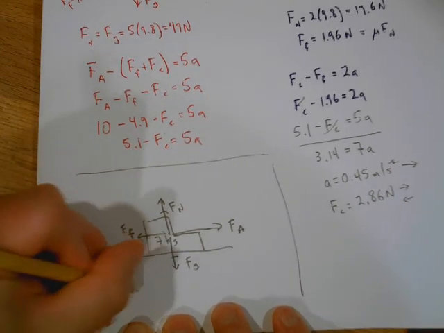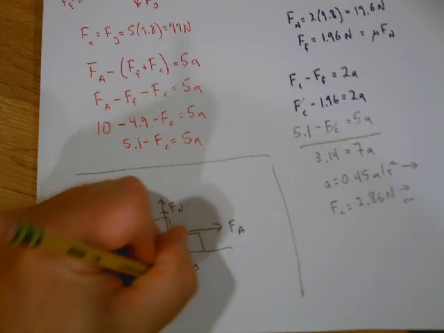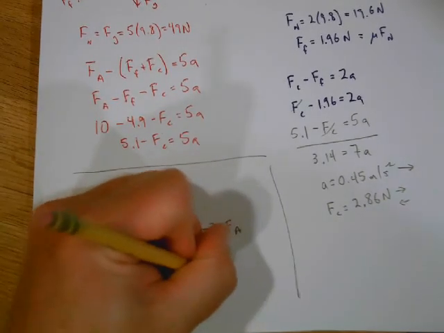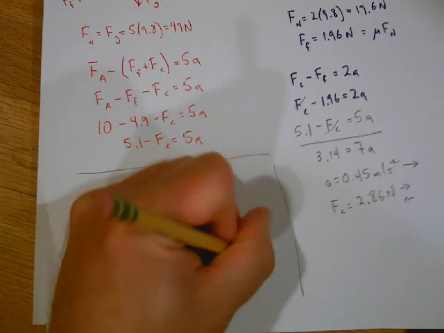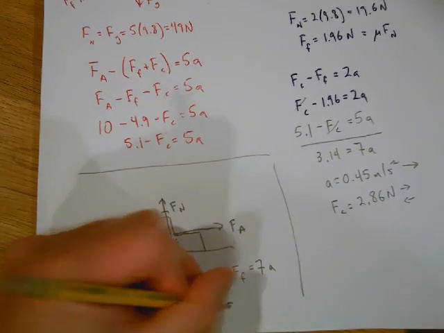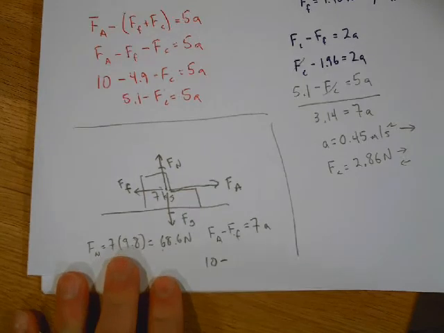Well, then if you write your equations, in this case, you would get Fn equals 7 times 9.8, which is 68.6 newtons. And then my parallel equation would be Fa minus Ff equals 7A. So then Fa is 10.